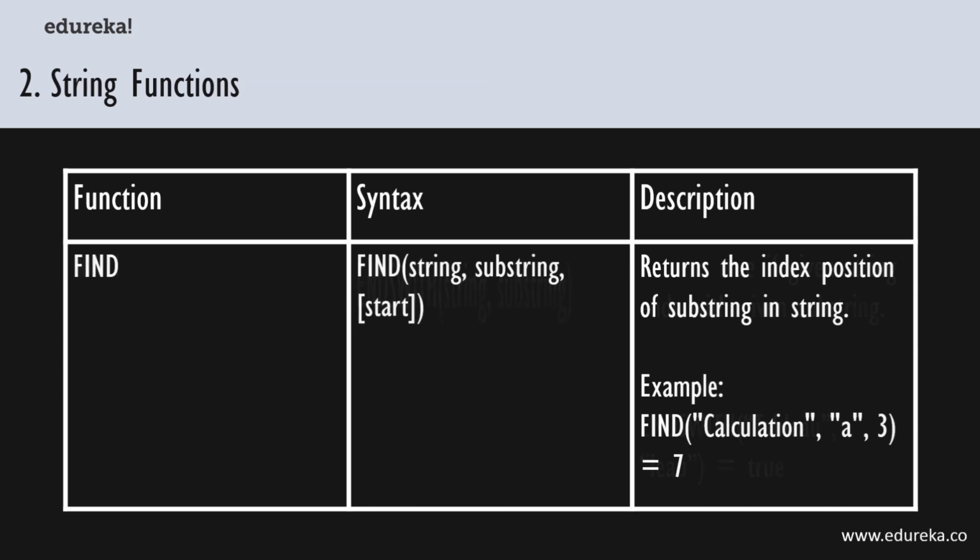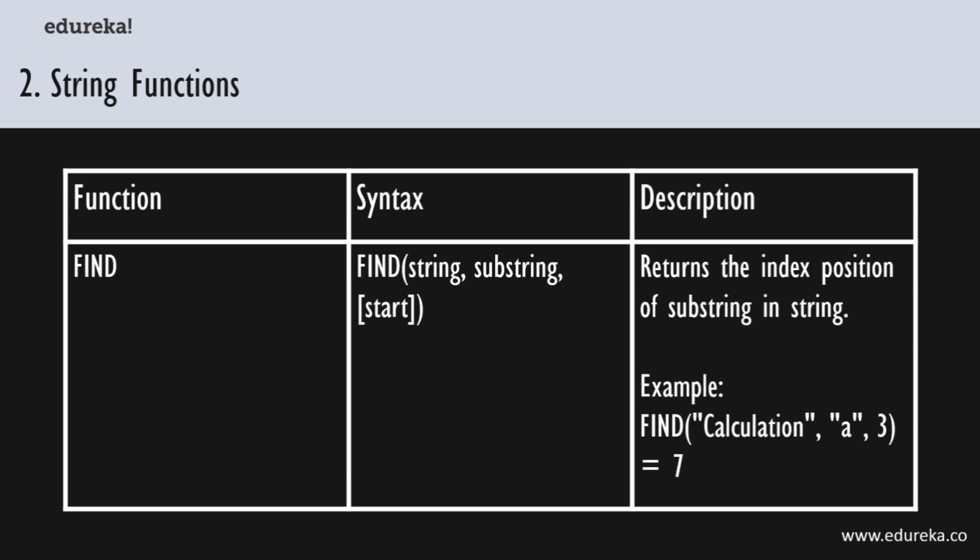Next, you have FIND, which returns the index position of the certain substring that you're trying to search for in the string, or 0 if the substring isn't found. If the optional argument, which is start, as you can see at the end of this argument bracket, is added, then the function ignores any instances of the substring that appear before that index position start.